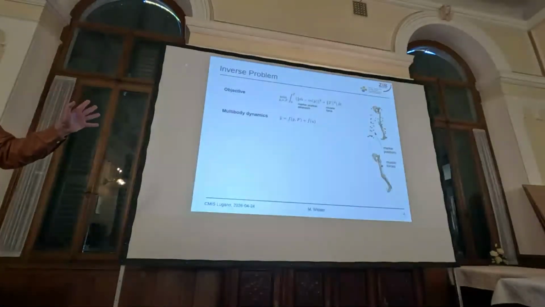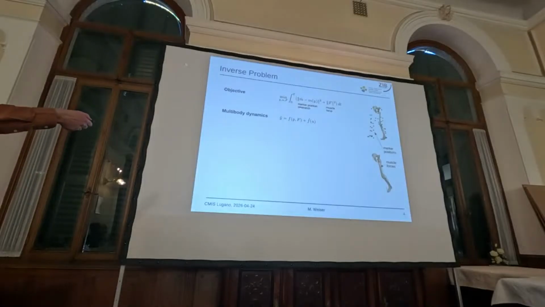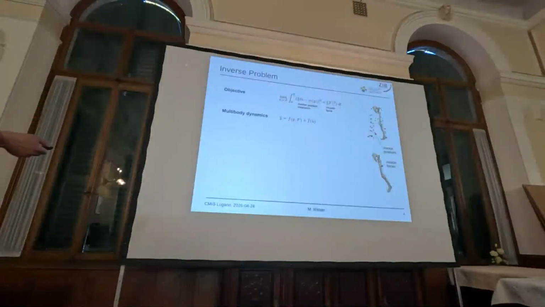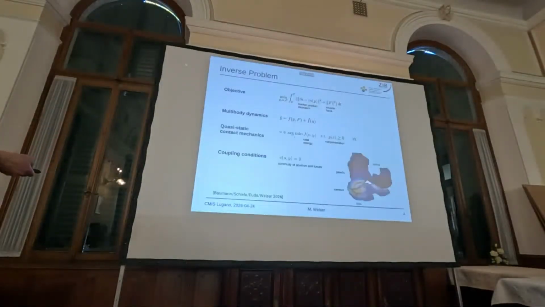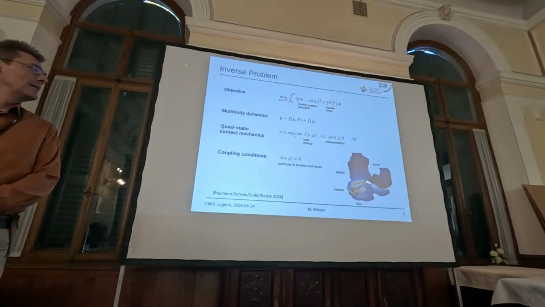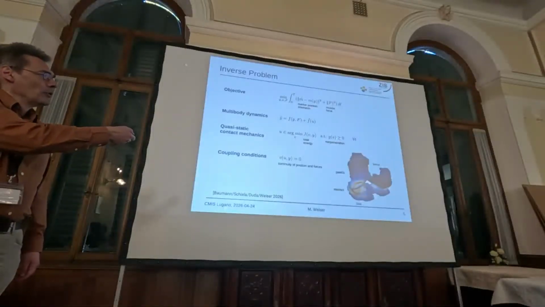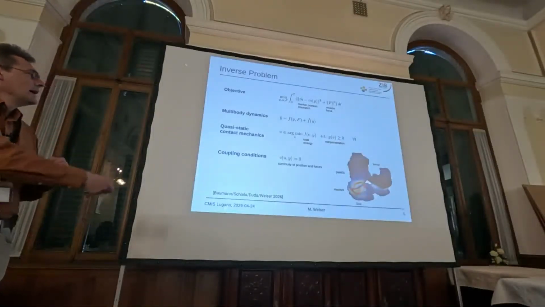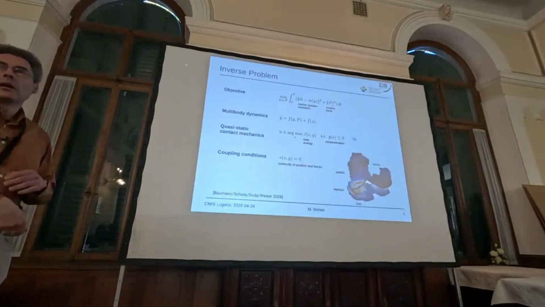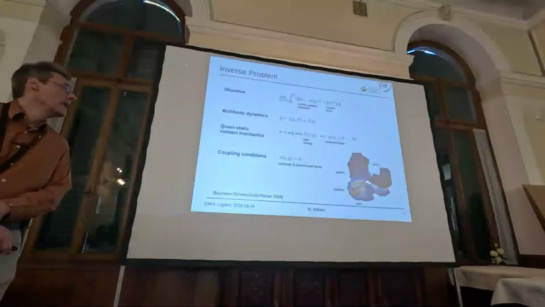So this will lead to an inverse problem with a typical Tikhonov kind of regularization for muscle force, data mismatch, multi-body dynamics of the lower limb, and a quasi-static approximation of the solid mechanics in the joint, where we have, of course, contact, non-penetration, and coupling of solid mechanics to the multi-body model.